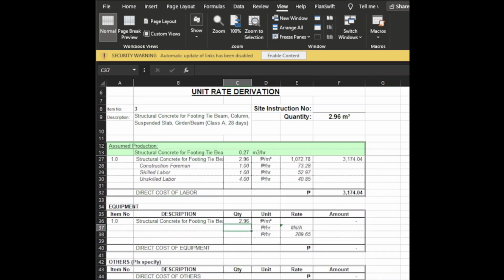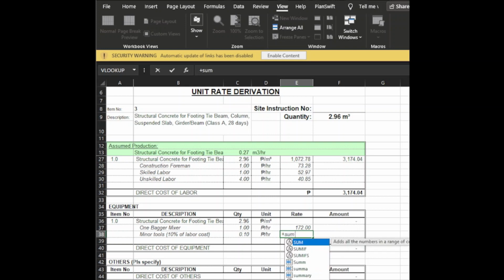We will use one bagger mixer, and we also have minor tools of 10% of the labor cost. So this one we need only one, then 0.1. This 10% is coming from here, guys, the sum product of this labor.